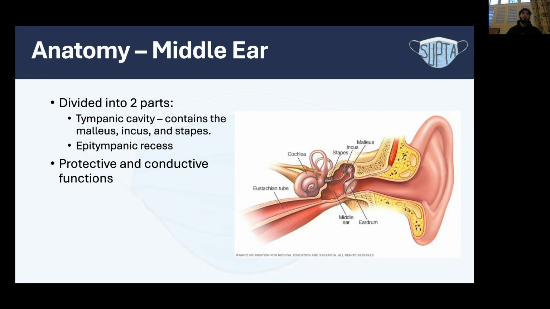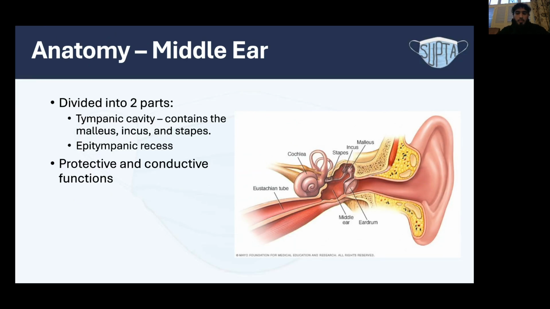What's important with the tympanic cavity is that it's connected to various neighboring anatomical spaces. So we have two main things. Anteromedially, we have our eustachian tube, also known as the auditory tube. This facilitates equalization of pressure within the tympanic cavity and the ambient pressure, so the air pressure around us.